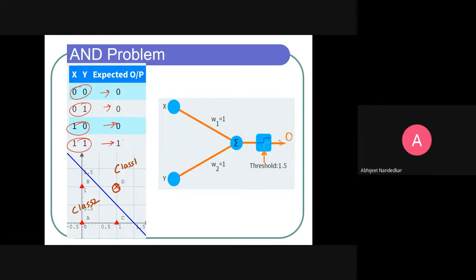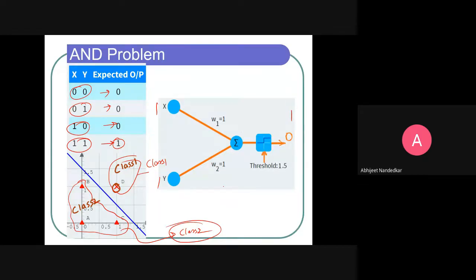So whenever both inputs are 1, 1, output is 1, otherwise output is 0. It's a very similar case actually, but now these 3 are in one group and this lonely fellow is producing the positive result. This is class 1 and the other things are now class 2.